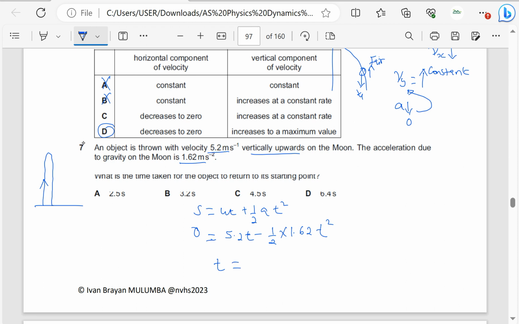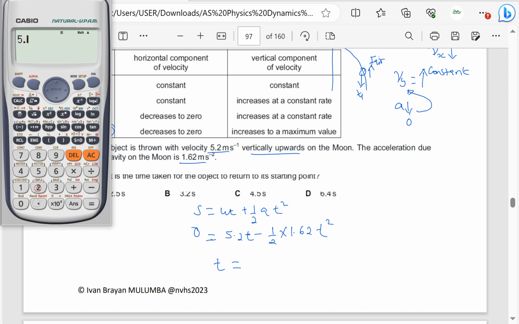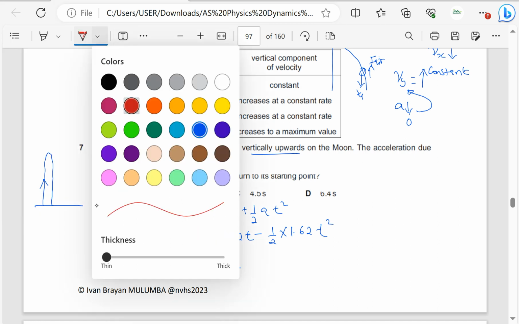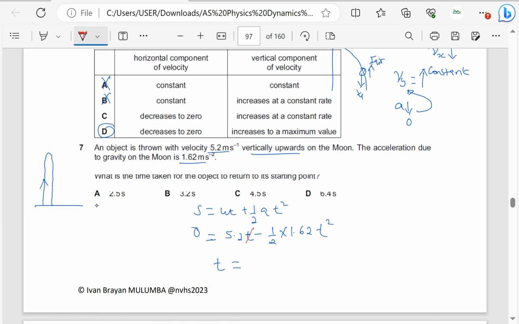So one t has cancelled, so I have 5.2 times 2. Then I divide this by 1.62. Then I find the square root of the answer because t is... no, I don't find the square root, because I cancelled out one t. So I remain with 0.5 times 1.62t being equal to 5.2.